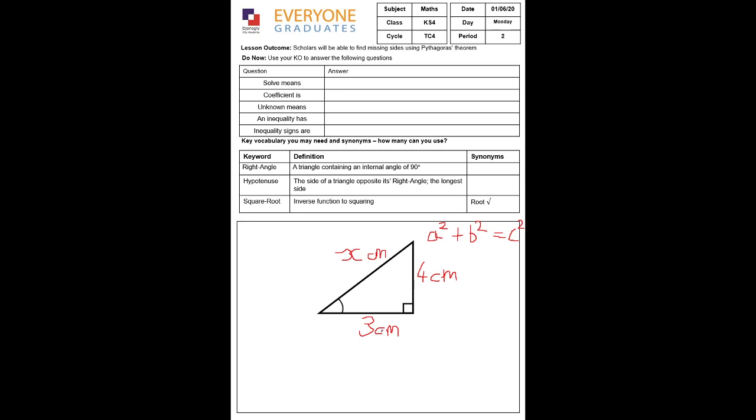So if we square 3 and add that to the square of 4, that will be equal to the square of x, our hypotenuse. Now, c is always the hypotenuse.